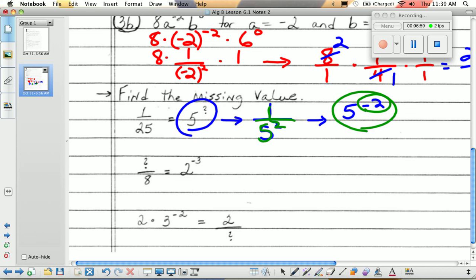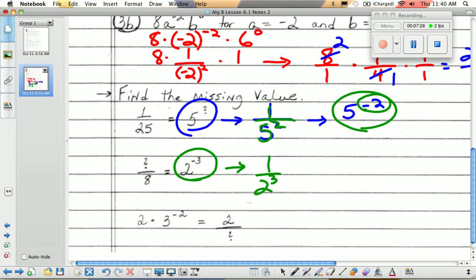The next one says question mark over 8 equals 2 to the negative 3 power. I'm thinking it might be a really good idea to take this 2 to the negative 3 power and rename it. So what is 2 to the negative 3 power? How can we rewrite that? 1 over 2 to the third power.